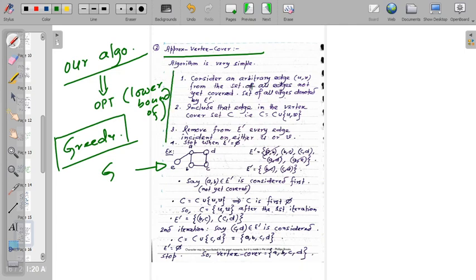Consider an arbitrary edge UV from the set of all edges not yet covered, the set of all edges denoted by, say, E prime.